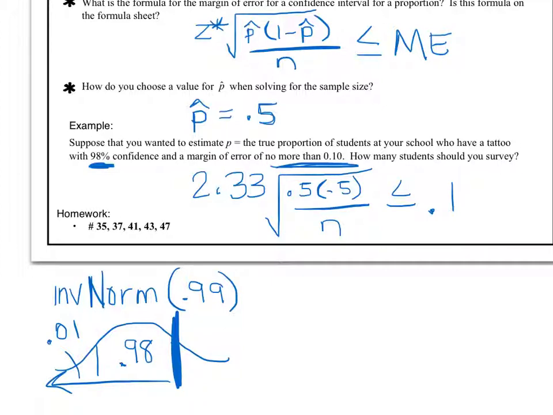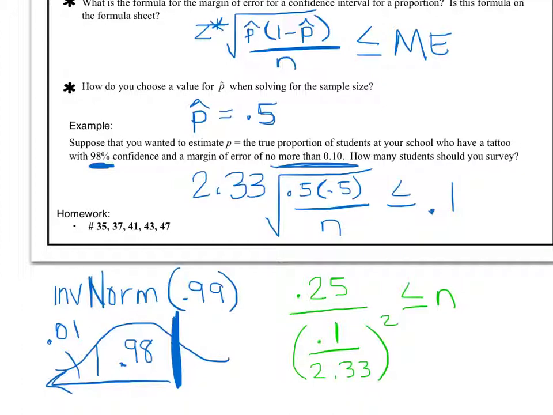So then I solve this. I'm going to divide by the 2.33 and then square it, and then basically multiply both sides by n and then divide by what's there. And so I'm going to end up with 0.25 divided by 0.1 divided by 2.33 squared.